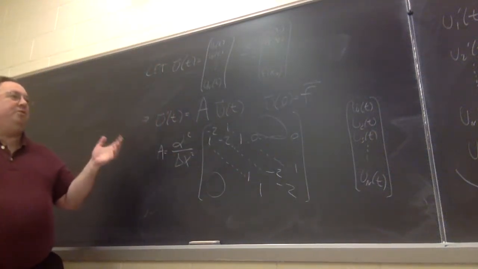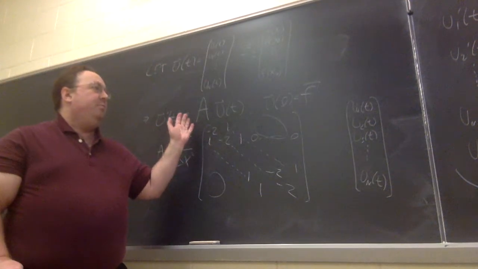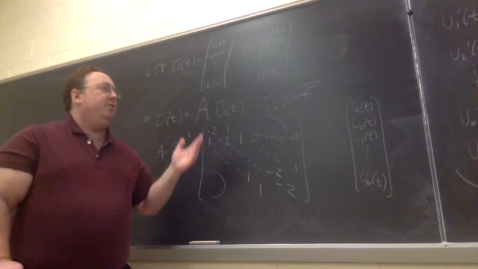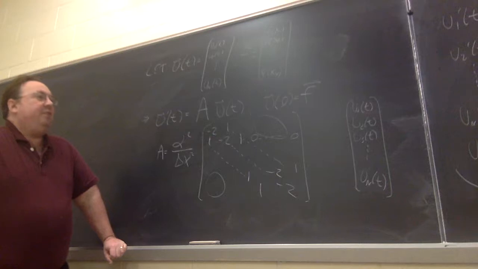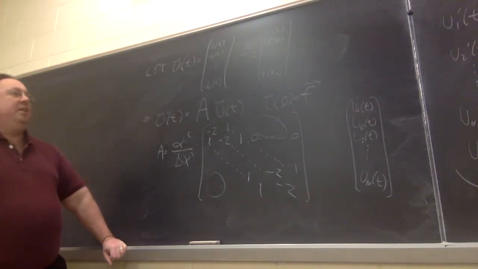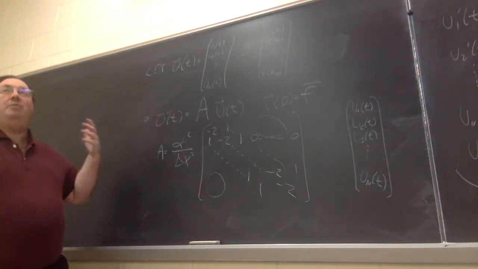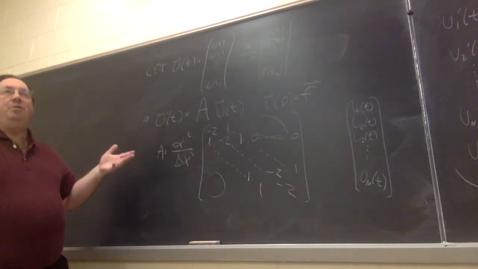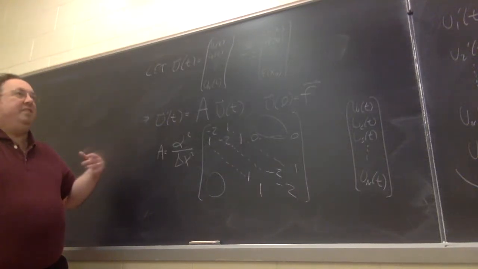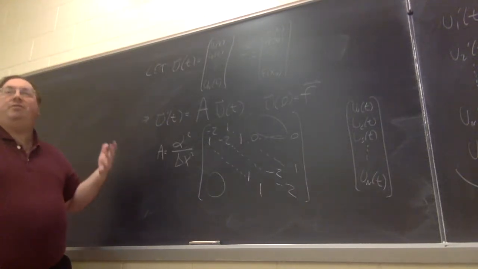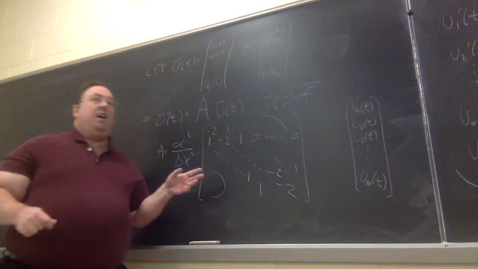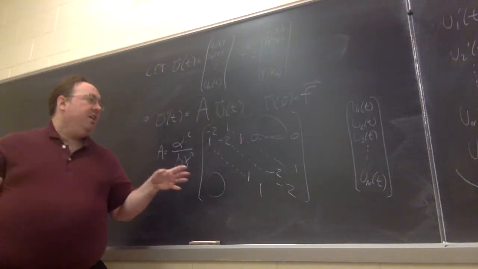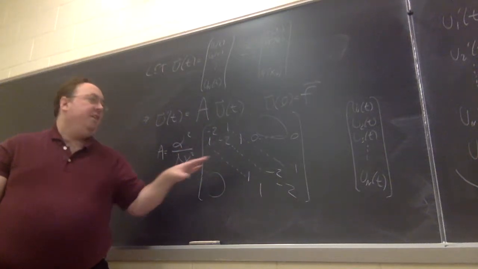So we see at most 3 non-zero entries per row, because those are the only unknowns that it depends on. So anytime you have that kind of relationship where you have linear combinations of variables, you can think of it as a matrix vector product. The coefficients from a linear combination are the matrix entries.